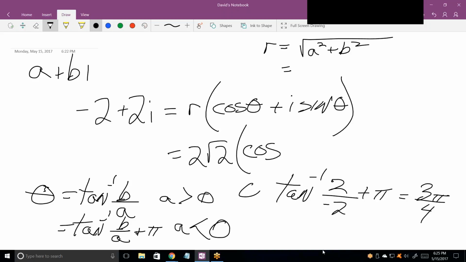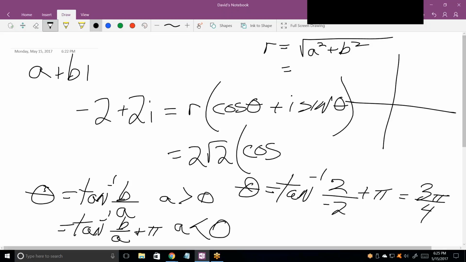So theta is 3 pi over 4, but I had to add pi to get there. That's why you add pi, is so you get in the right quadrant. Okay, now let's see if we're close. There's two ways to do this. And incidentally, this is not going to satisfy you much, but here's what the proper answer is.